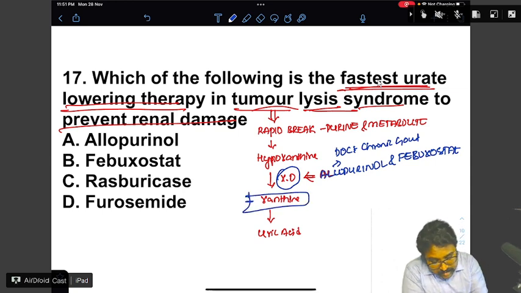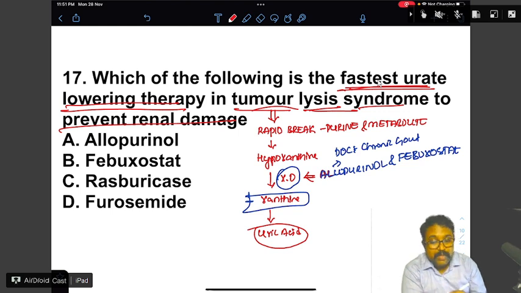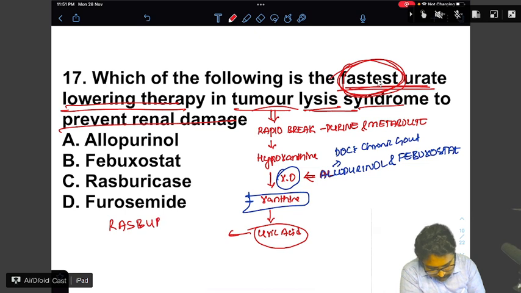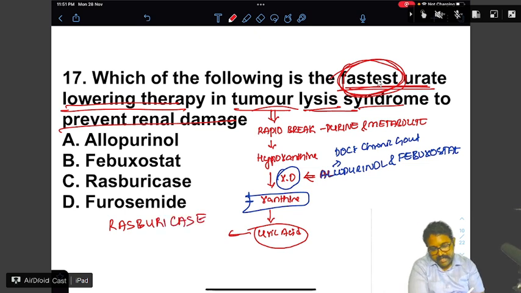But what happens to the uric acid which is already formed, to increase the excretion of uric acid which is already formed? So the question is the fastest acting uric acid lowering therapy. Here you need to use the drug called rasburicase. As you can see, it is a recombinant urate enzyme, that is uricase.